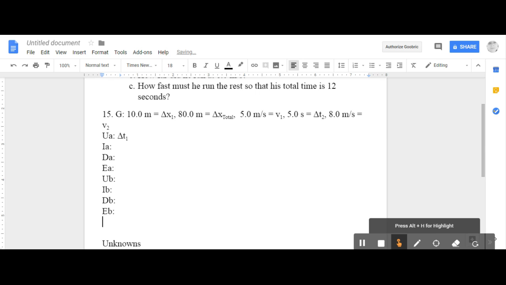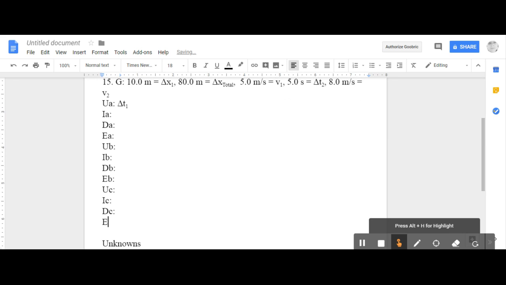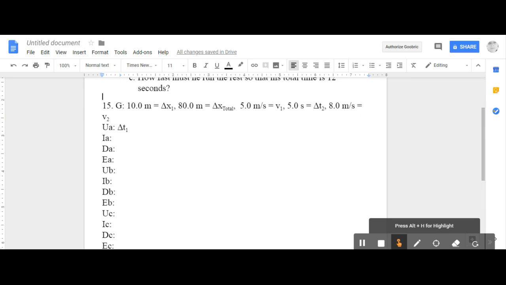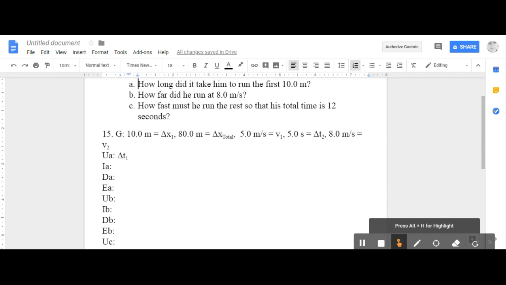We don't need to write them all out again. For C, you can just do the unknown for C, identify the tools for C, do the math for C, and evaluate C.